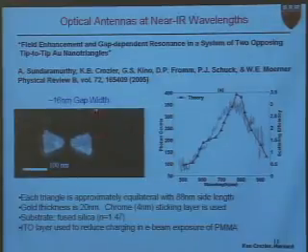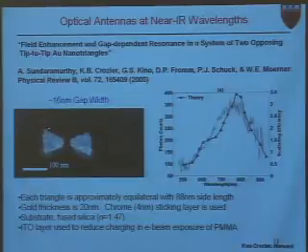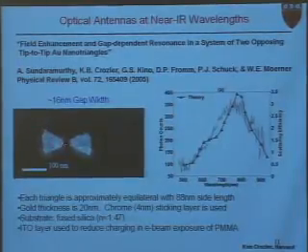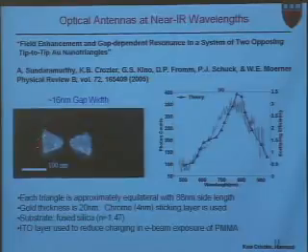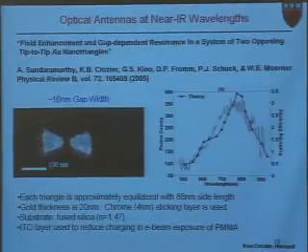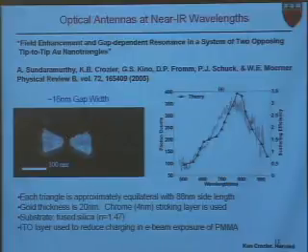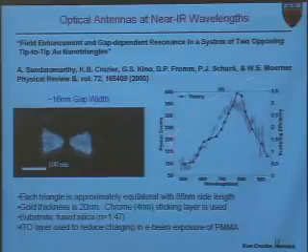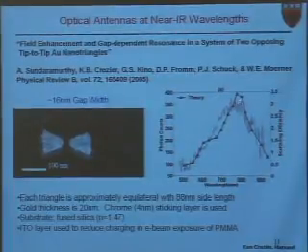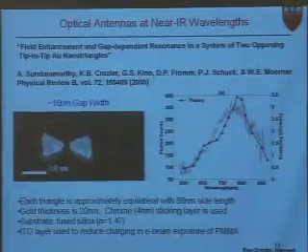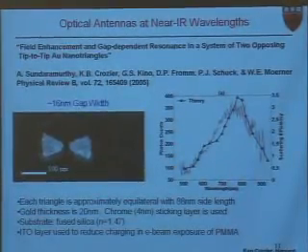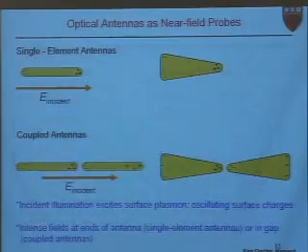So now what I'm showing is an antenna, this bow tie that consists of two gold triangles, and the triangles are approximately equilateral with an 88 nanometer side length. And the gap between the antenna is as small as 16 nanometers. And this antenna resonates, as shown here in the data and the calculation, at about 760 nanometers, so well into the near infrared, but with a much smaller structure.